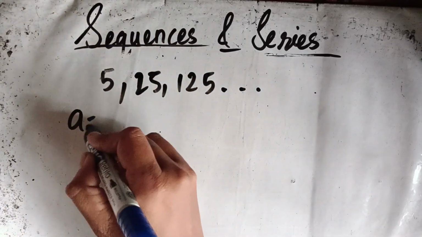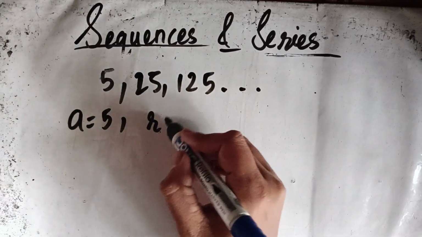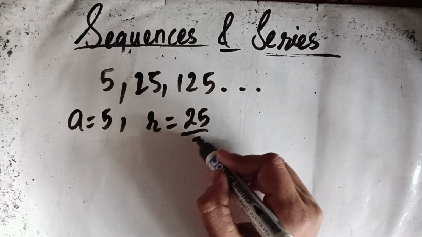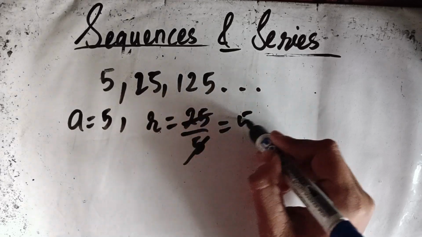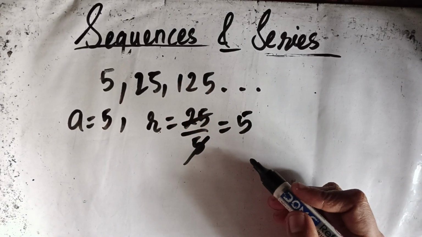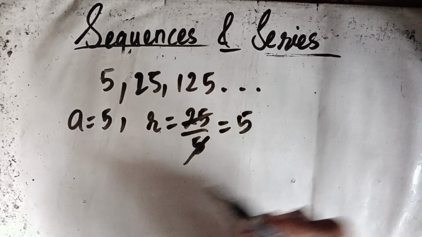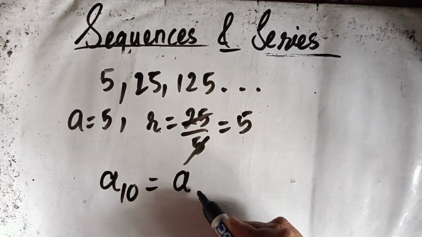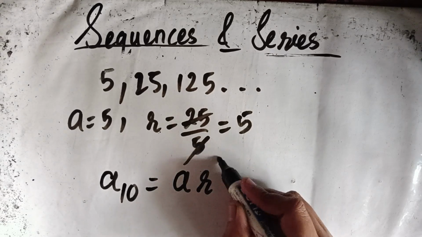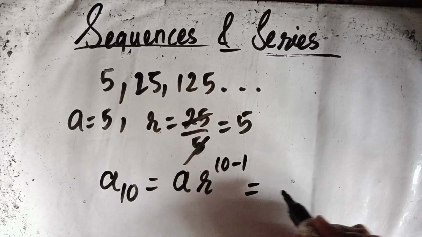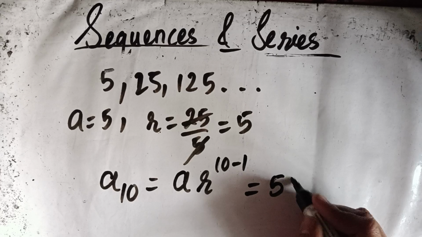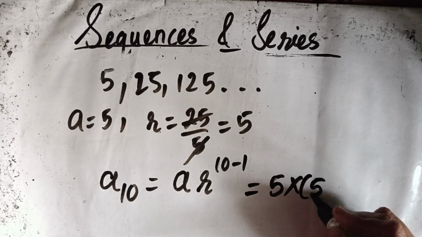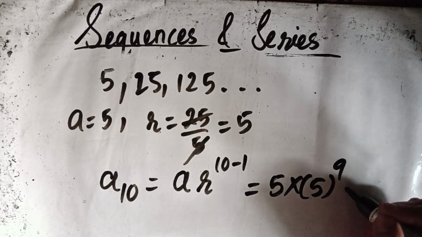So A is 5, R is 25 upon 5, which is 5 again. So you have to find the 10th term. So A10 is given by A R raised to 10 minus 1. So A is 5, R is also 5, 5 raised to 9.